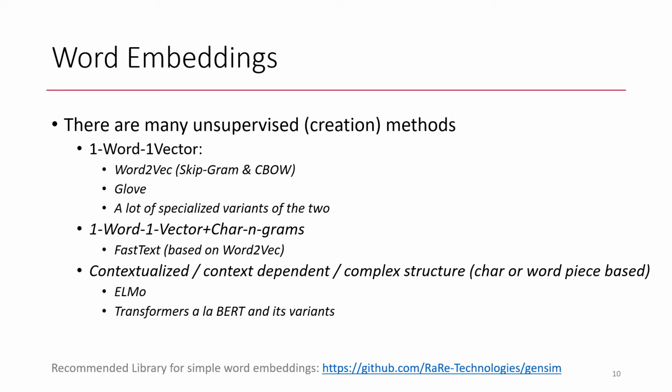And then we have another completely different class of word representations, which are the contextualized, context-dependent models that have a much more complex structure with many layers, where a vector is dependent on the context of a word in every situation. This includes ELMo and transformer models such as BERT.